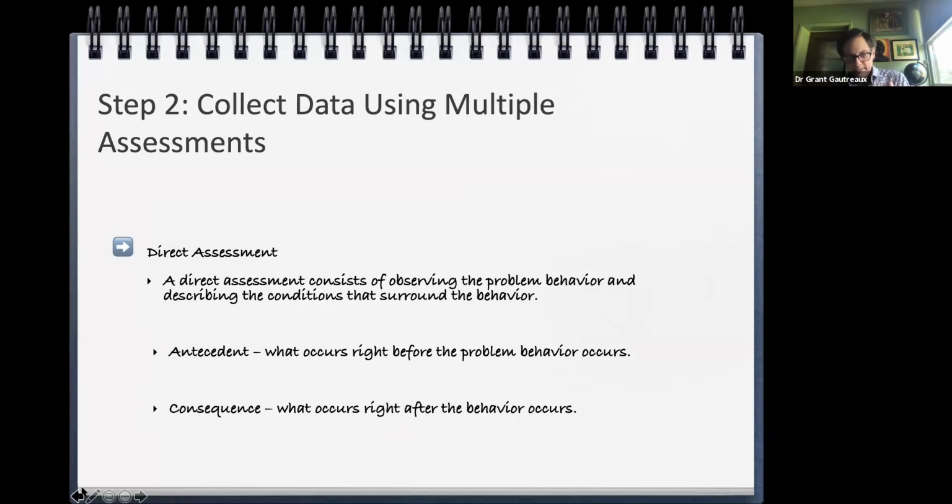So what we need to be able to accomplish in a direct assessment is observing the problem behavior and then describing or accounting for the conditions that are surrounding the behavior. Just like we saw in the pathways, making sure we are accounting for the antecedent and the consequence. But other things like the setting event, where the antecedent, behavior, and consequence is nested within. And I think that's a really important part of that equation to figure out.